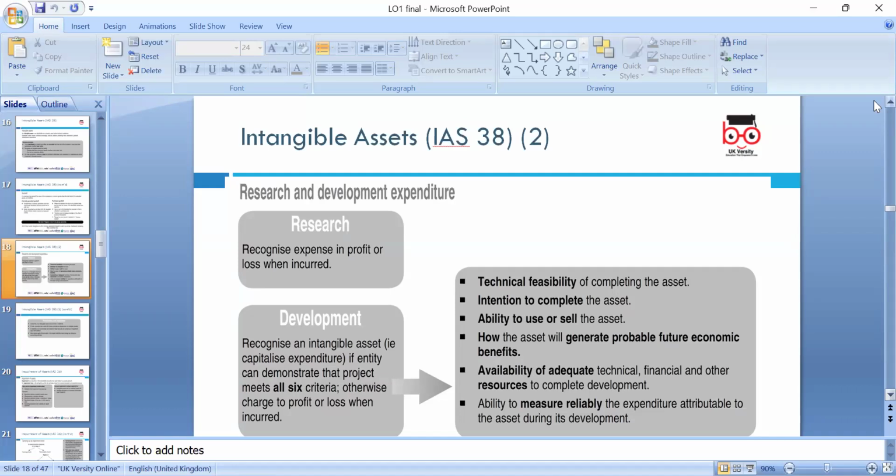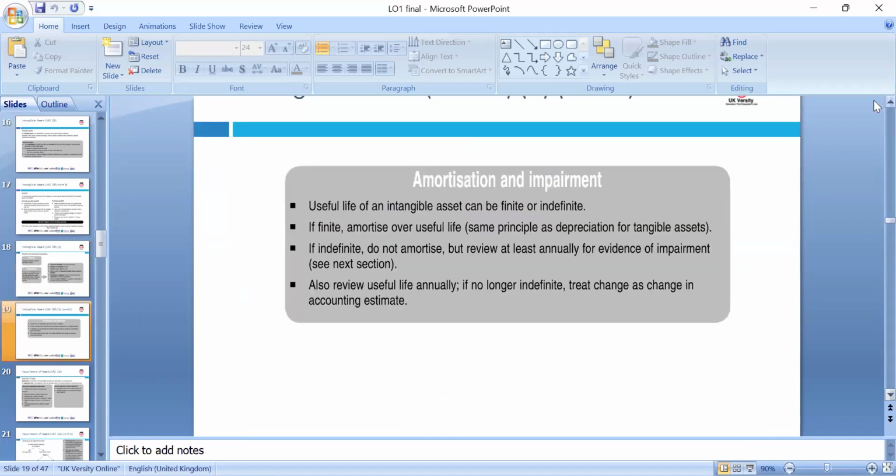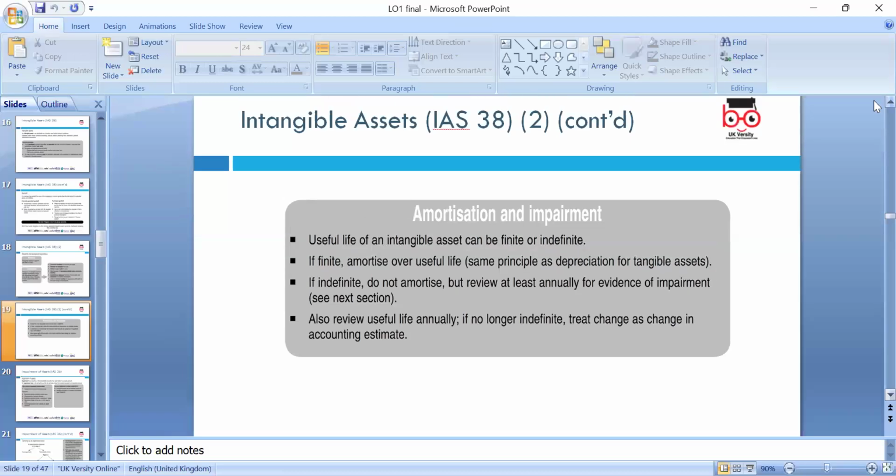Amortization depends on the useful life of the asset, which can be finite or indefinite. We look at the principles of depreciation, revaluation and impairment, review the life annually, and treat any changes as changes in accounting estimates.